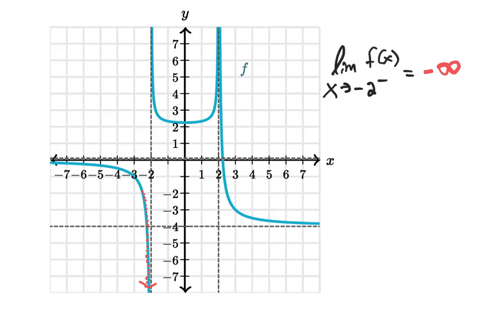It's going down forever. But if I asked, what is the limit of the function f of x as x approaches negative 2 from the right side? Okay, let's go on the right side here. The right side, negative 2, we're going up, up, up, up forever.